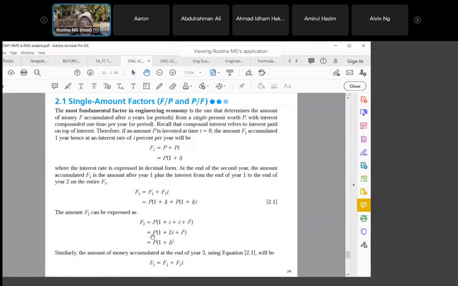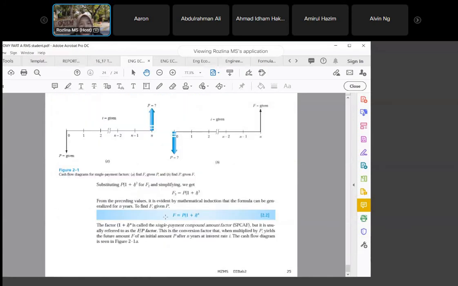This one with n is 1 and 2 only. And then F2 equal to 2 here, until they get the actual one, Fn equal to P, 1 plus I, power of n.